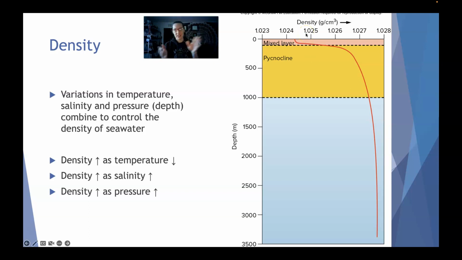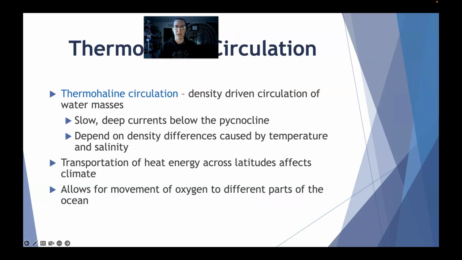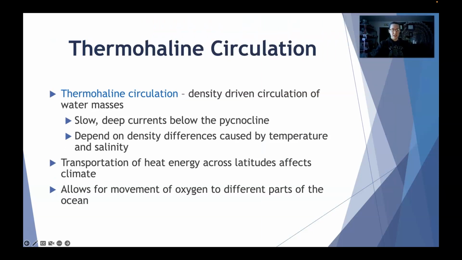All of these things combined, temperature and salt and density, give rise to this really beautiful thing called the thermohaline circulation. This is a density-driven circulation of water masses. These are really slow, deep currents that occur below the pycnocline, and they depend on density differences caused by temperature and salinity.